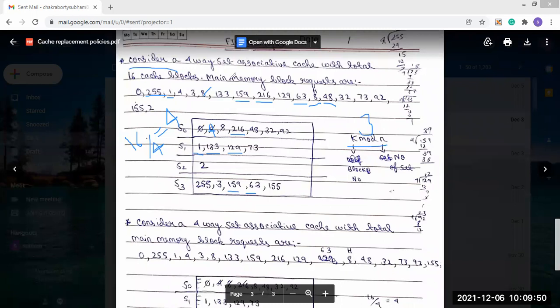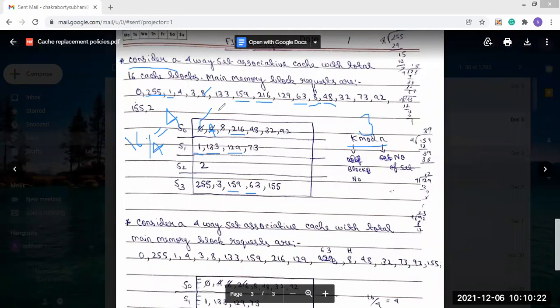The name suggests first in first out, so the 0 block will be replaced and 48 will be inserted. We accommodate 48 here, and the 0 block is moved from the cache back to main memory.